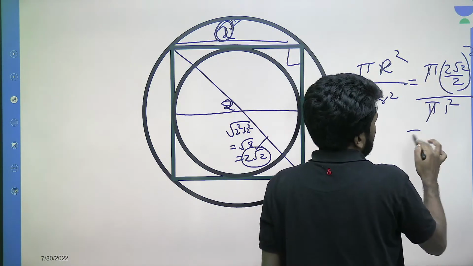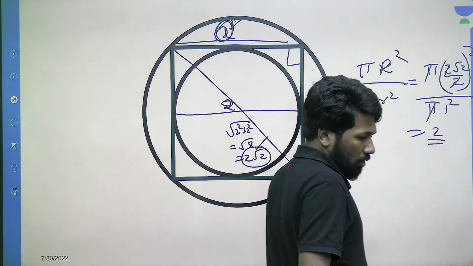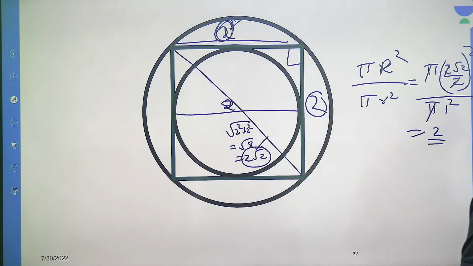So pi cancels, 2 root 2 by 2 the whole square, 2 cancels, root 2 square is 2, the answer. How many of you understood this? Taking example method is okay or you can directly do it also, no problem.